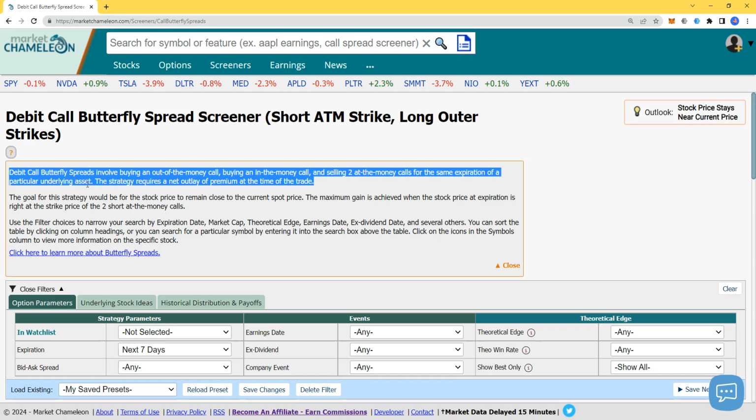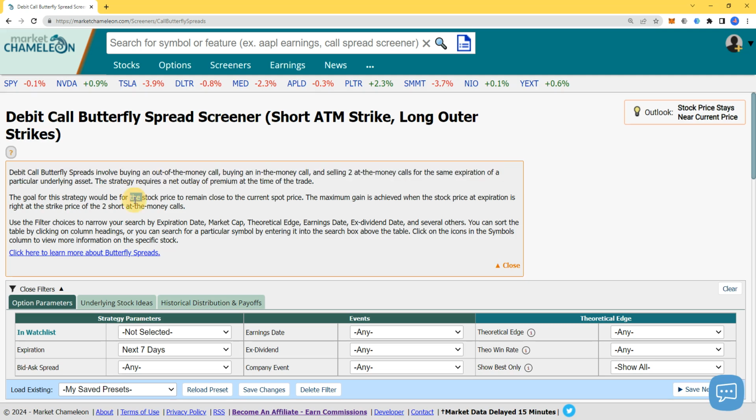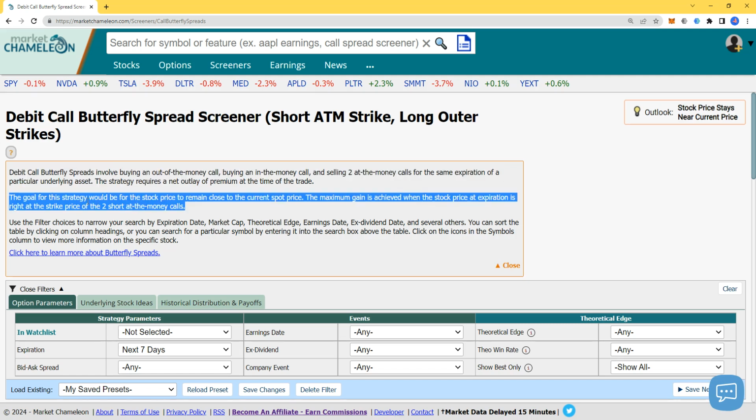Debit call Butterfly spreads involve buying. Okay, you buy an out of the money call and also you buy an in the money call and you sell two at the money calls, for the same expiration on a particular underlying stock. The strategy requires a net outlay of premium at the time of the trade. So basically a debit. But a small debit because you sell two.